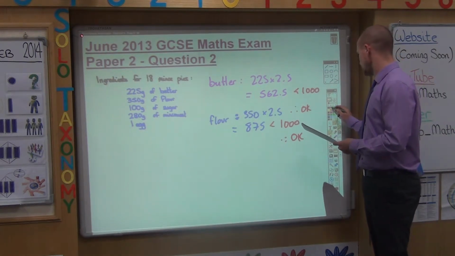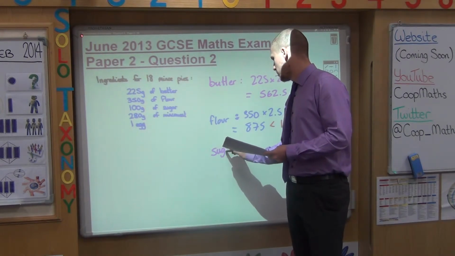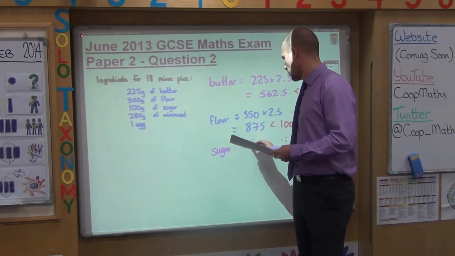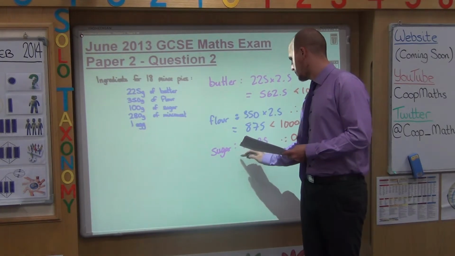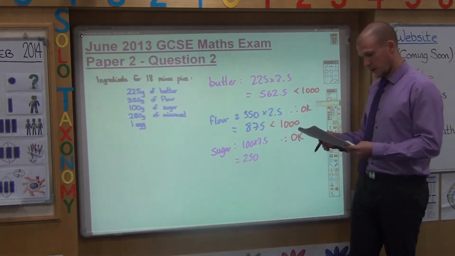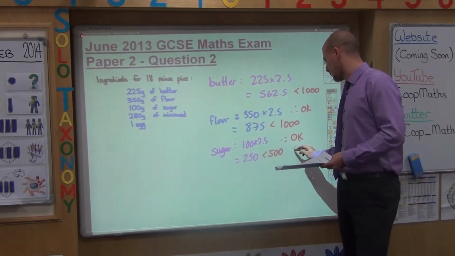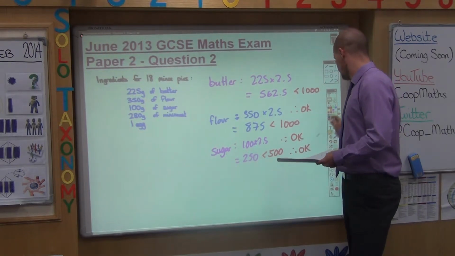Sugar. I'll go back to purple for sugar. You're going to multiply that 100 by 2.5. You get 250. You were given 500 grams of sugar, that's less than it. Therefore, we're okay for sugar as well.